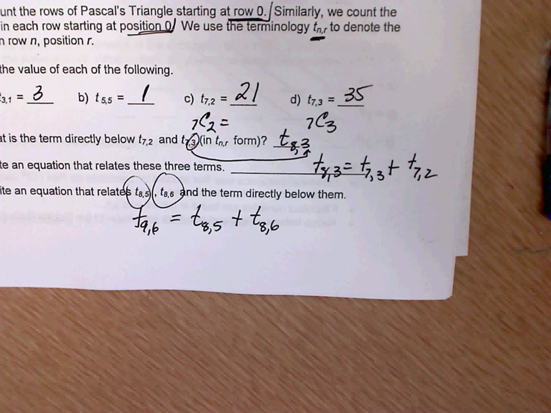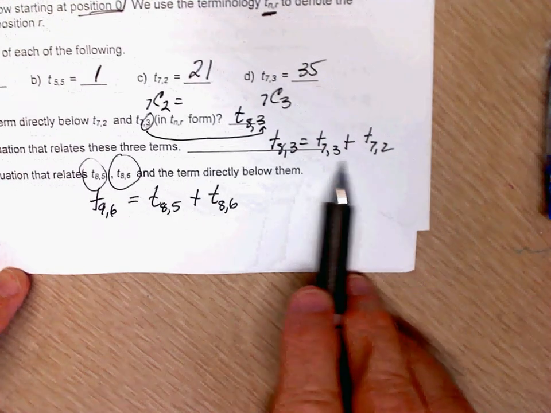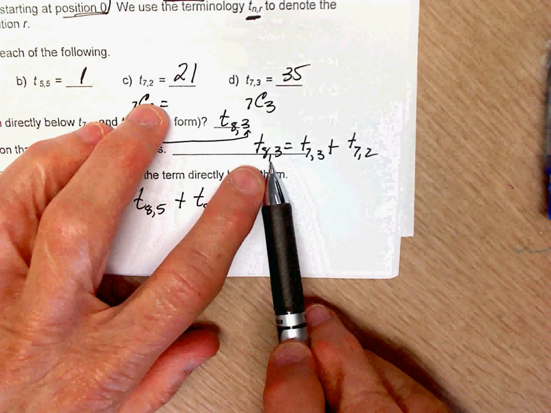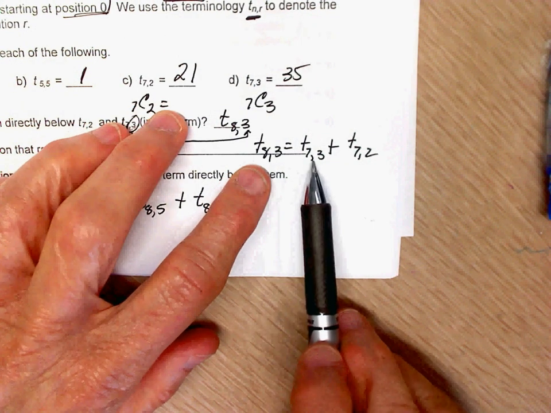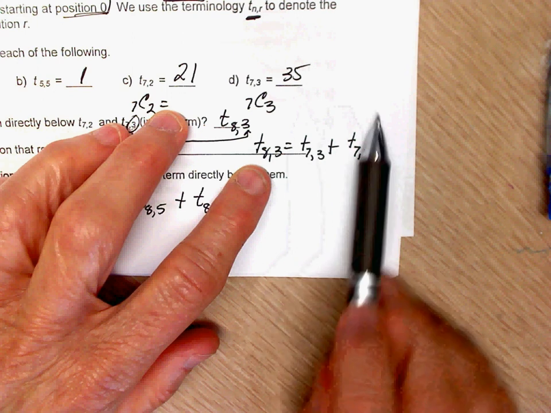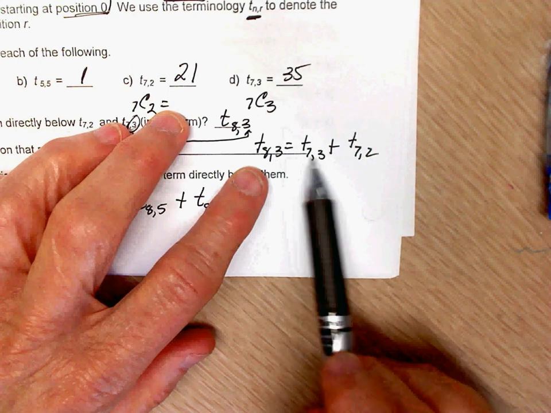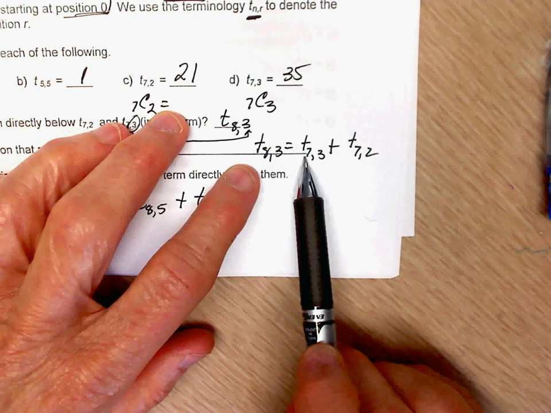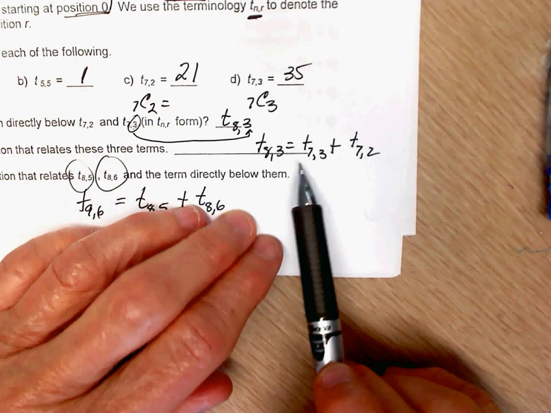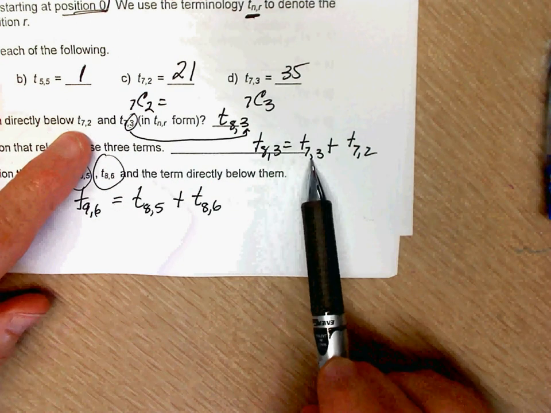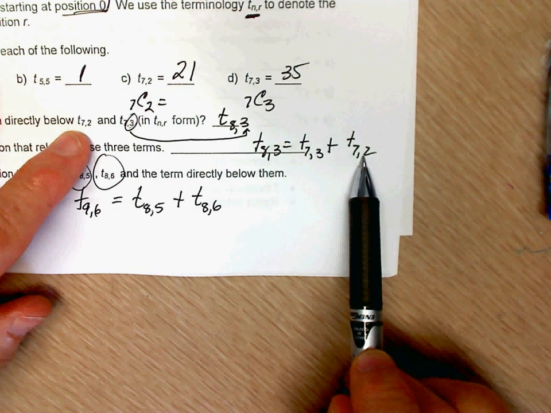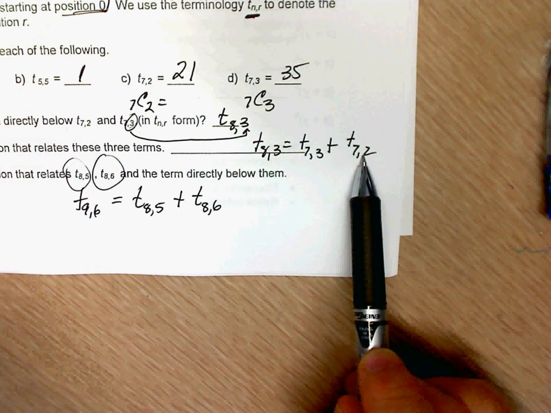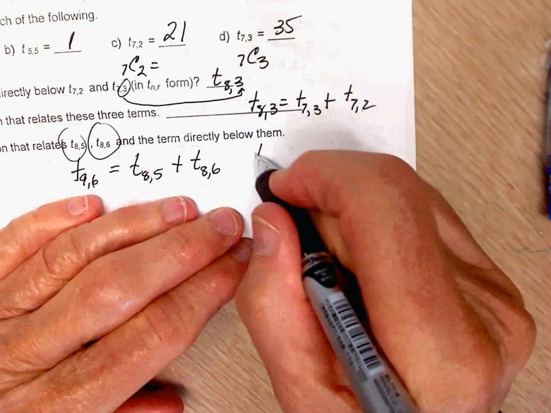Well, any term in Pascal's triangle equals the sum of the terms above it. So you go to the previous row, 8 minus 1 is 7, and then you add T7,3 plus T7,2. Because the formula is T n,r equals T n minus 1,r plus T n minus 1,r minus 1.